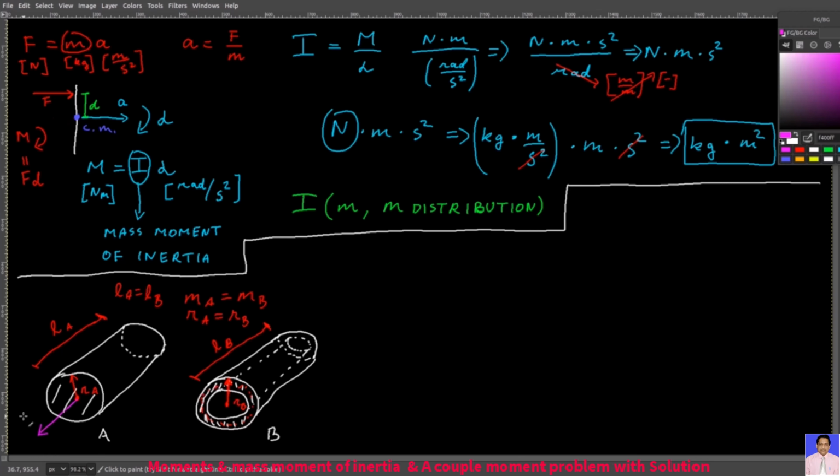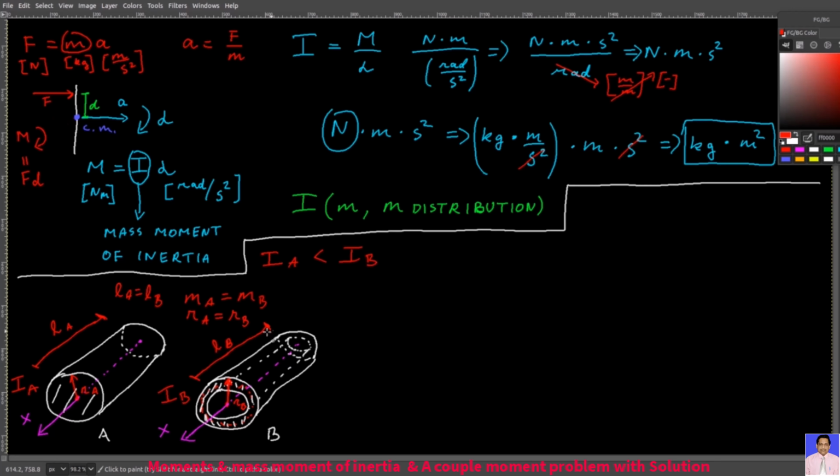And now, if we say that this is our x-axis that goes through the cylinder, and the same thing here, this is the x-axis that goes through the cylinder. If we now measure the mass moment of inertia of the cylinder A and B about this axis x in both cases, then you will have IA here, IB here, and you will find that IA is smaller than IB.